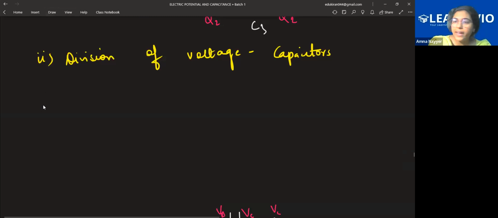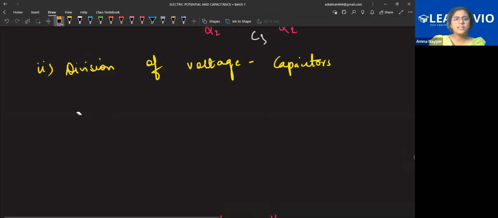Like see, suppose this is a wire coming and there was a voltage present in the wire initially, fine, and this is a straight wire. Now what would be the voltage at this point? V. The voltage is still V because it's a straight wire, nothing difficult over here.